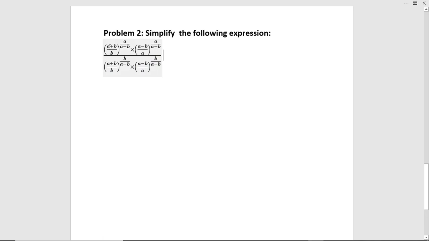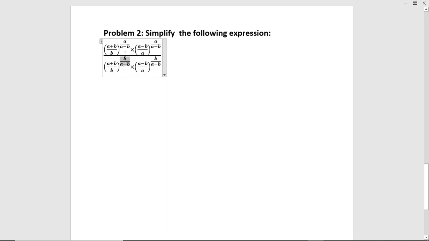So look here, a plus b by b is given here and a plus b by b is also given here. So these bases are same but the powers are different, so we will take this as a plus b by b, and we will subtract the powers because bases are common.